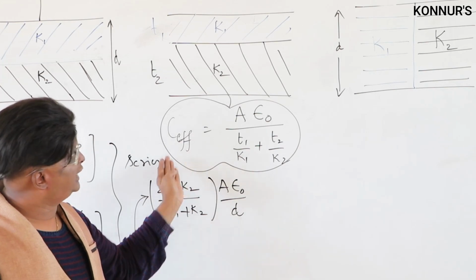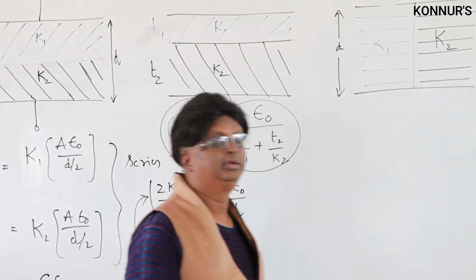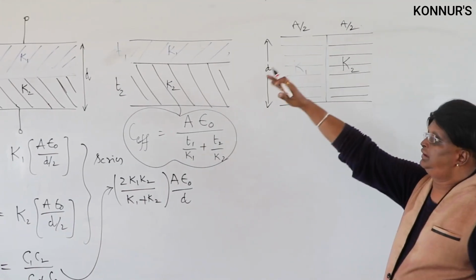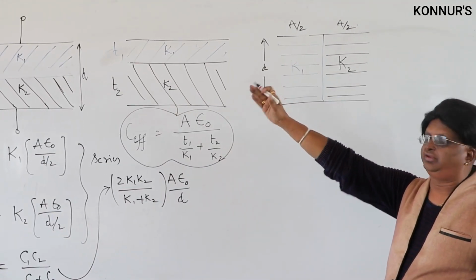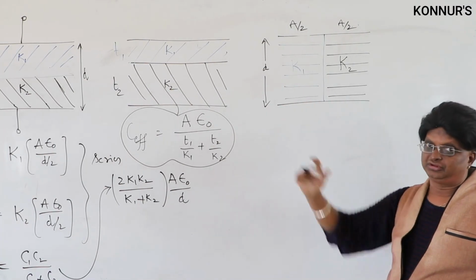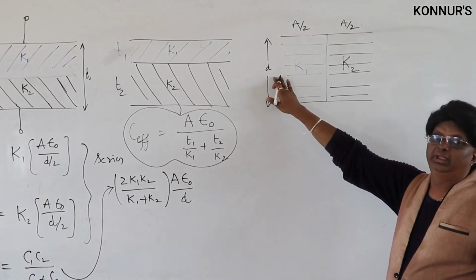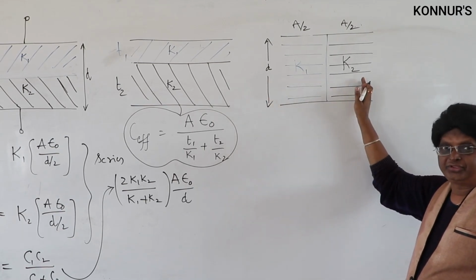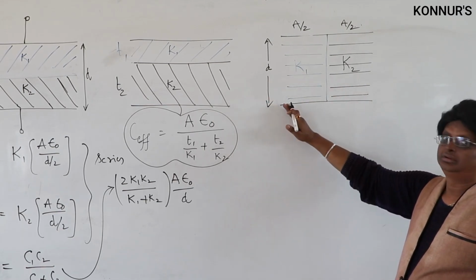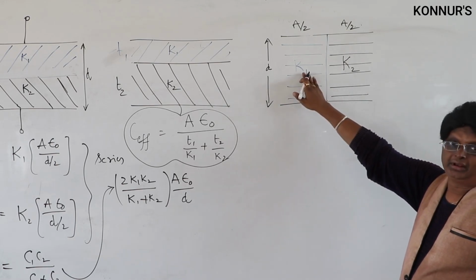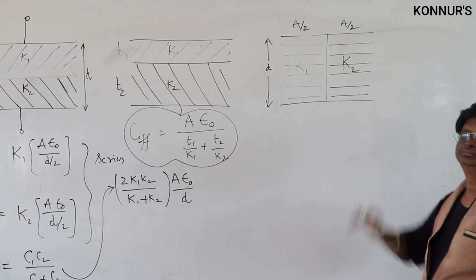Now another arrangement I have shown here. In the next figure what you will find is, again, earlier it was the same cross section A but thickness d by 2 each. But look at this example, thickness is the same for both but one half and the other half of the space are filled with dielectrics of K1 and K2.